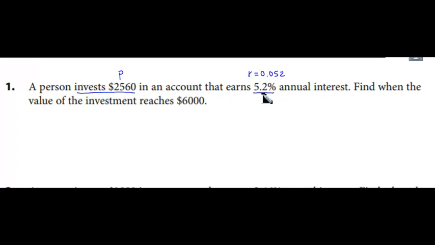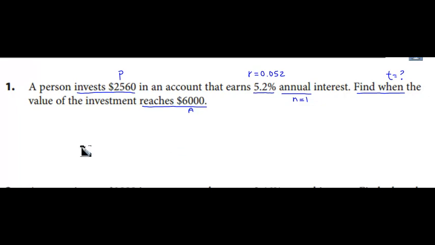It's going to earn this rate annually, 1 time per year. So N will be equal to 1. Find when. That means that we don't know the time period, so that's what we're going to be solving for. The value of the investment reaches $6,000, so this is my final amount, or my A.